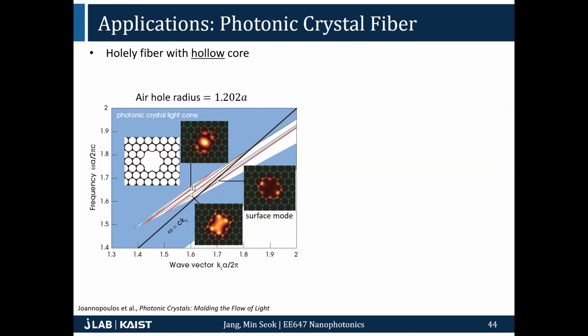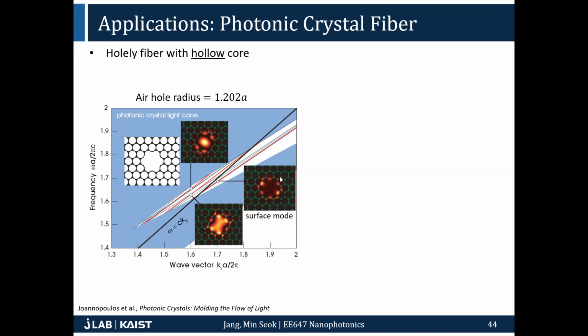If your guided mode has a shorter wave vector compared to the free space light, you can see here the electromagnetic wave is maximum at the center, right? It's concentrated at the center. Whereas if the K vector is larger than the free space light, it's more concentrated on the surface.